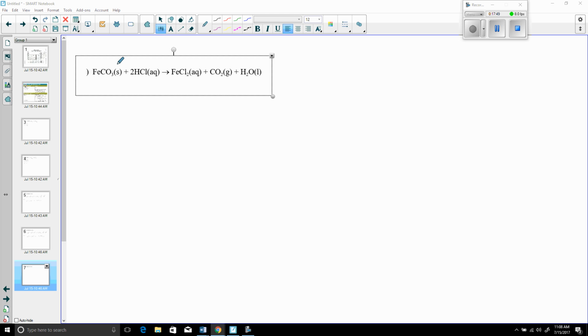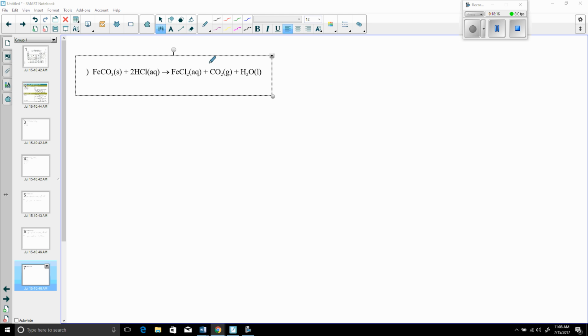However, when it is placed in hydrochloric acid, it will dissolve, and we can see that by the reaction, because otherwise we would still have iron 2 carbonate over here as product. So this does dissolve when placed in HCl, so we're going to treat that as though it is going to break up, even though it is insoluble.